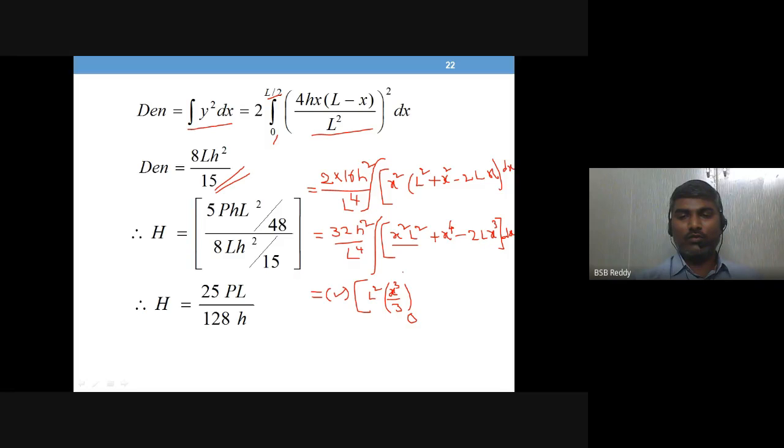So 0 to L by 2, right, plus second term x power 4, integration x power 5 by 5, limits 0 to L by 2, minus 2L constant, x cube integration x power 4 by 4, limits 0 to L by 2.